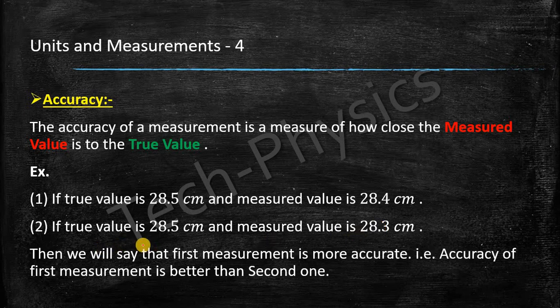So in these cases, we can say that the first measurement is more accurate than second one. Why? Because 28.5 and 28.4 are closer and 28.5 and 28.3 is less close than the first one. Therefore, we can say that the accuracy of the first measurement is better than the second one.